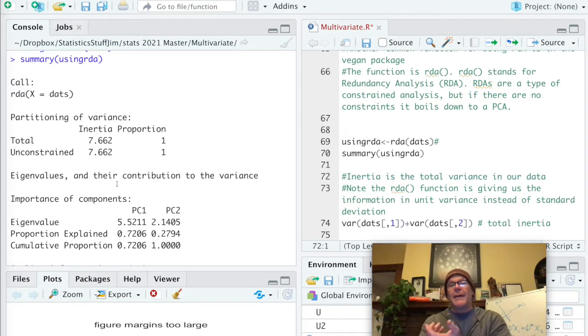So how the RDA function is going to represent the eigenvalues here, it's going to show them in units of variance. So recall that when we did it using the PR comp function, it gave it to us explicitly as standard deviations. Here, the RDA function is giving it to us in variance, and they call it here inertia.